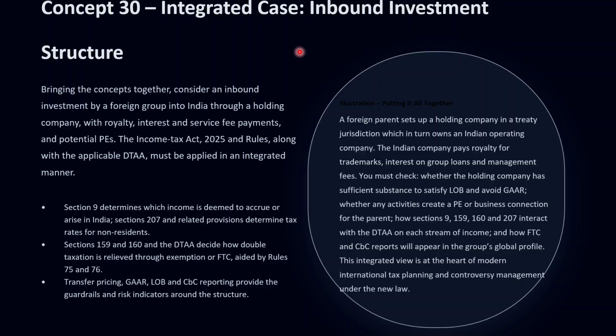So guys, seriously, this is what modern international tax work looks like under the new Income Tax Act. It is not about memorizing one section in isolation, but about running a multi-step risk and relief analysis across domestic laws, DTAAs, and the reporting framework. So we all have to see all these sections together.